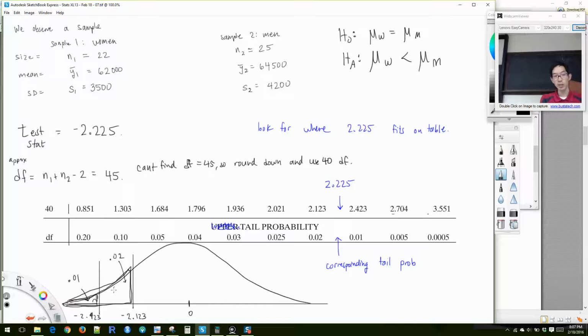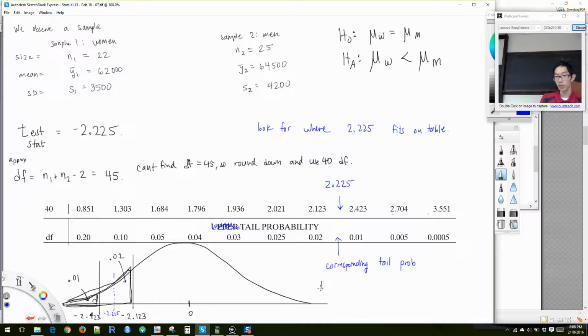I'm not drawing it there, I'm drawing a line in between, at 2.225. And so the amount that I have shaded to the left of negative 2.225 has to be more than 0.01 but less than 0.02.